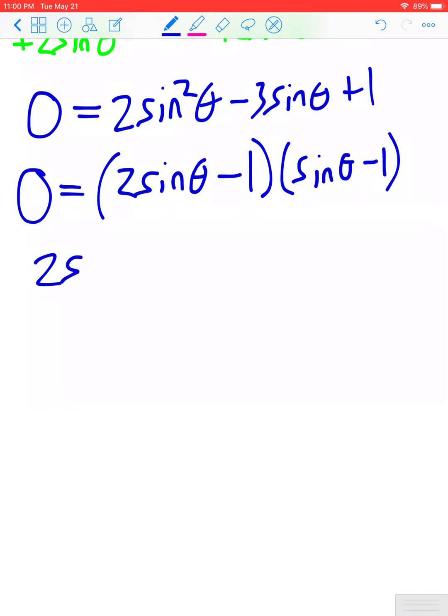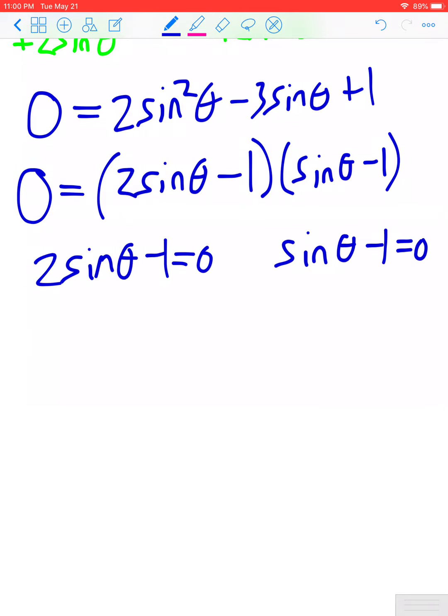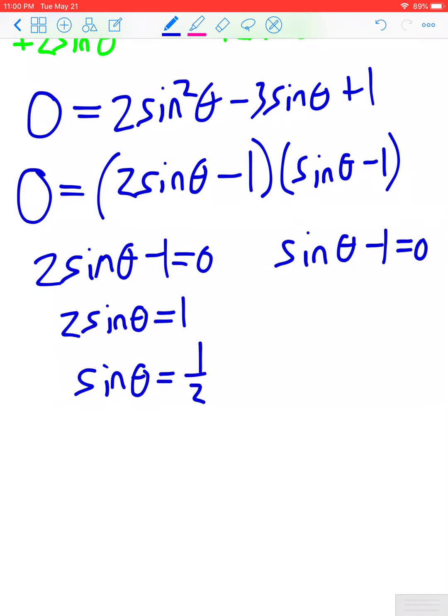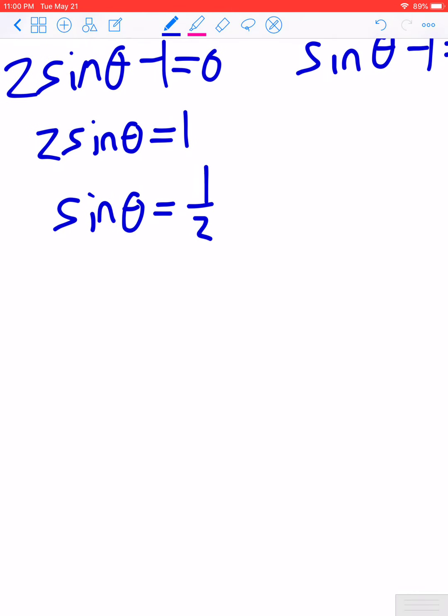So we have 2 times the sine of theta minus 1 equals 0, and the sine of theta minus 1 equals 0. And then solve each equation independently. For this one here, we would add 1 to both sides. This would say that 2 sine of theta equals 1, or that the sine of theta equals a half.